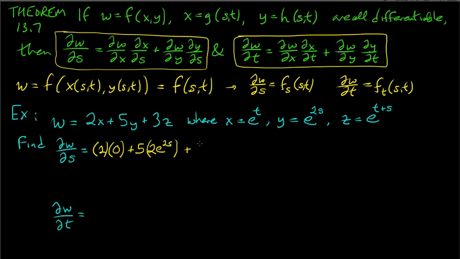And then the partial of w with respect to z is 3. And then the partial of z with respect to s, well, this is just e to the t times e to the s. So I think you just get the same thing, e to the t plus s.